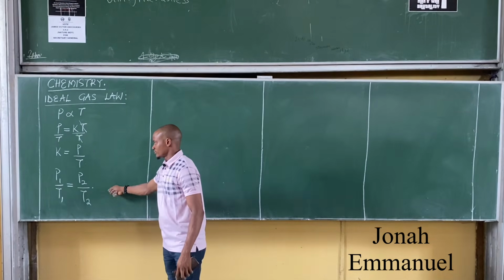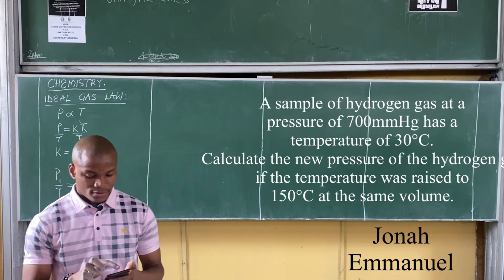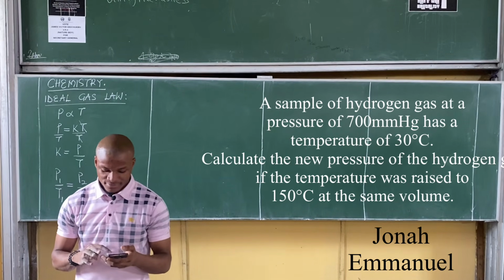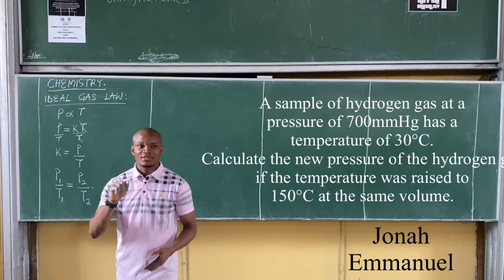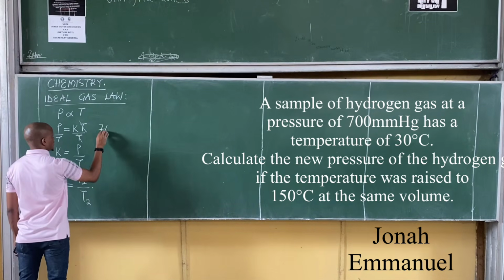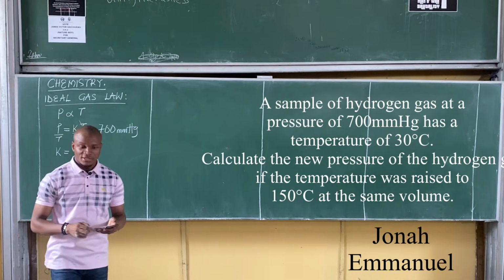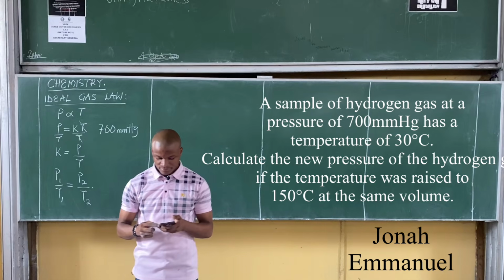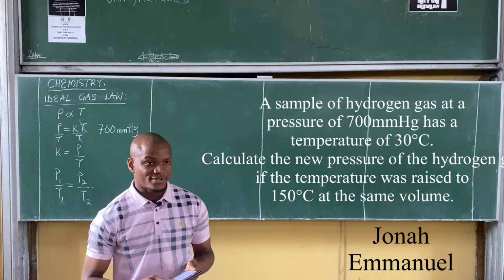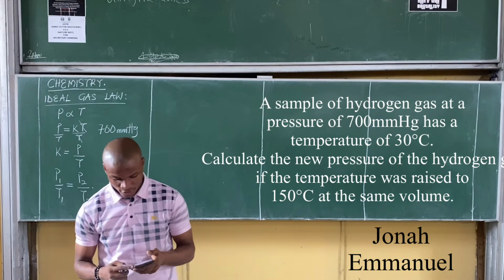I have this question: a sample of hydrogen gas has a pressure of 700 mmHg, that's millimeters of mercury, with a temperature of 30 degrees Celsius.